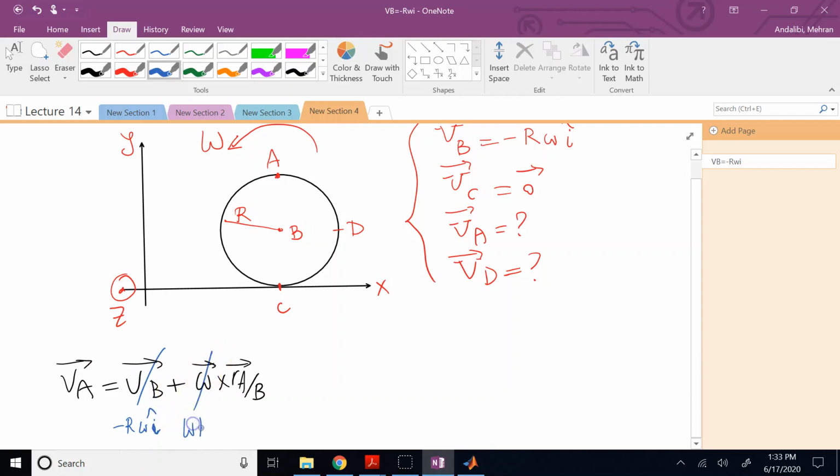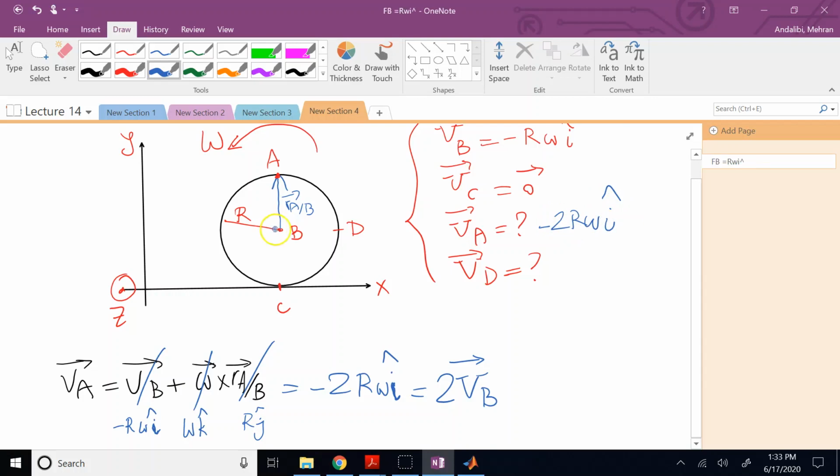Omega was positive omega k, and r of a with respect to b is this vector, which is positive r j. So this time you're going to get positive r omega k cross j, which is negative i. So you're going to get negative r omega i, negative r omega i, you're going to get negative 2 r omega i, which is 2 times the velocity of b. So this is negative 2 r omega i.